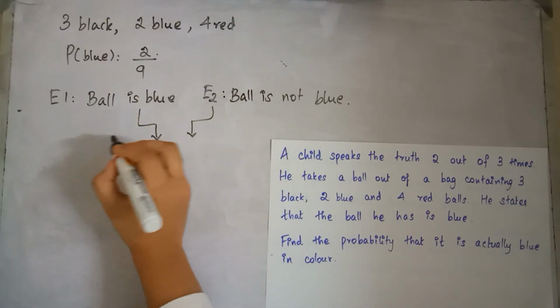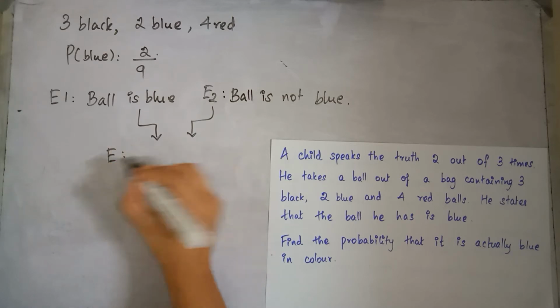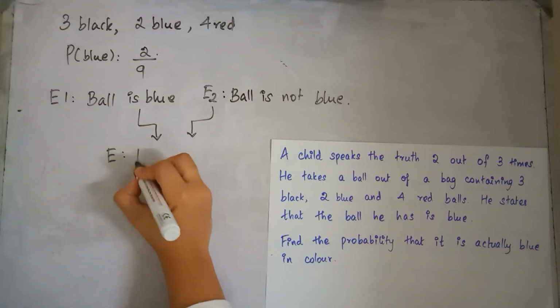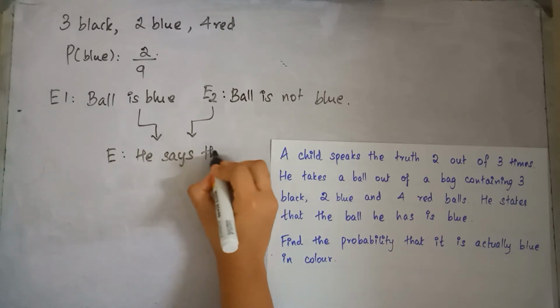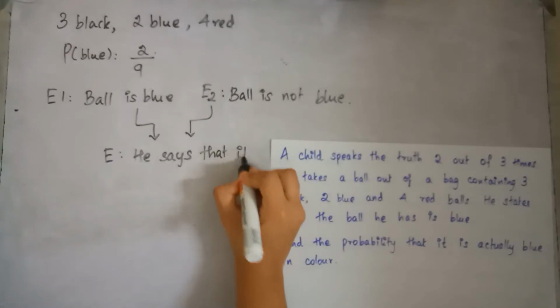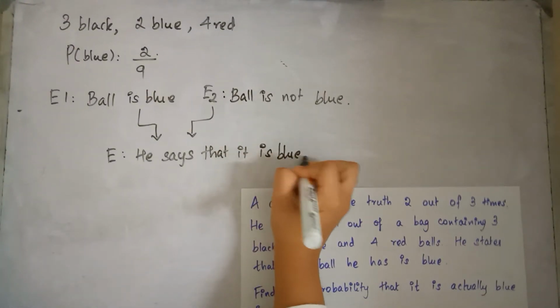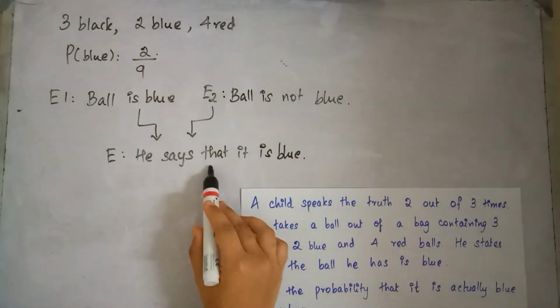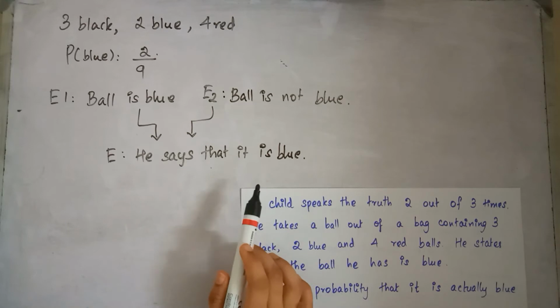Next, the event which happens is, he says that it's blue. We'll have this as E. Right? He could be lying over here. So he says that the ball is blue in color.